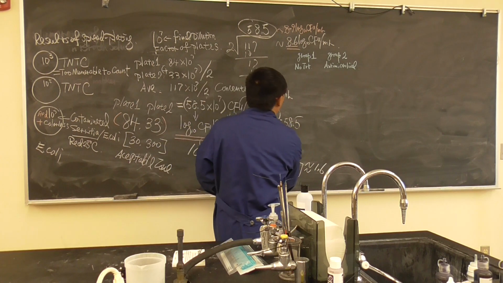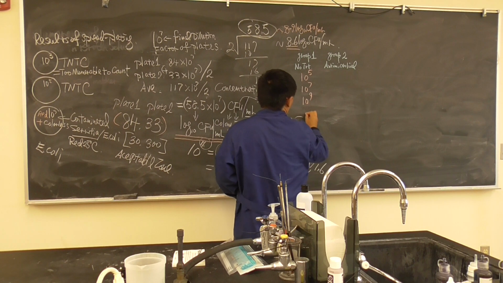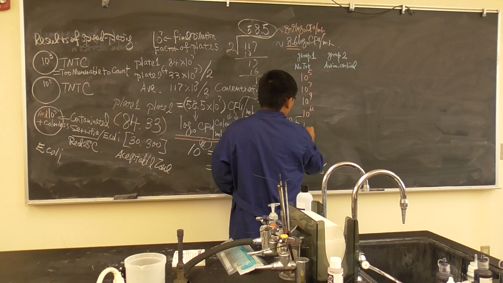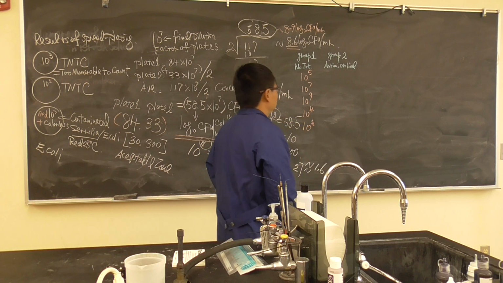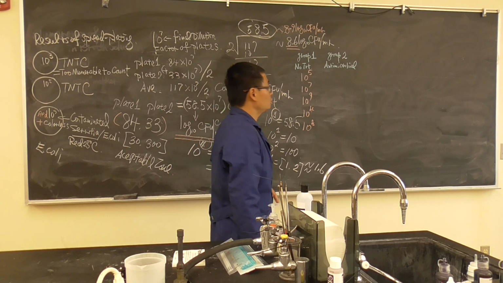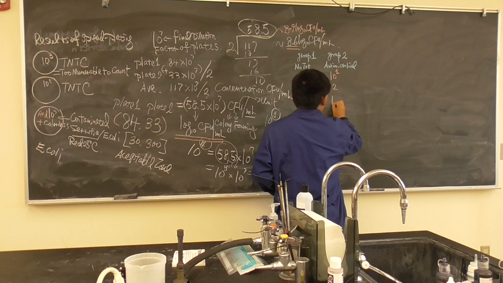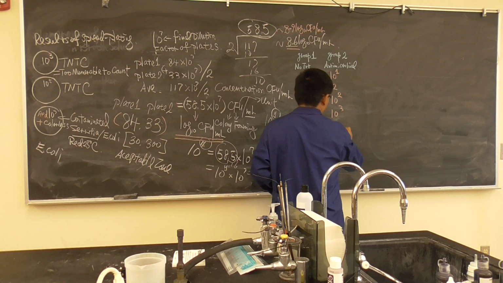Group 1 we get 10 to the 5, 10 to the 7, 10 to the 9, 10 to the 4, 10 to the 8. For example, we have 1, 2, 3, 4, 5 numbers. Group 2, what do we get? We get 10 to the 1, 10 to the 2, 10 to the 2, 10 to the 3, and 10 to the 4.